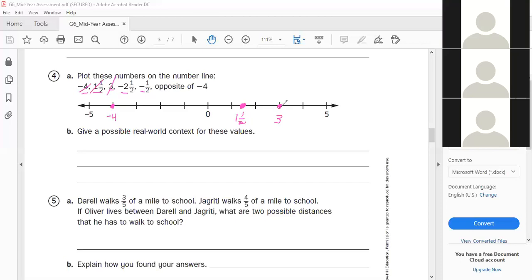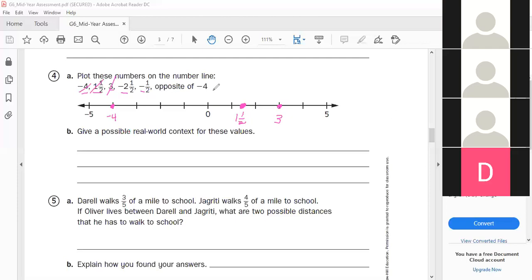Next one is -2.5. Where does that one go? This is for Chantel or Demetrius. Demetrius, where does it go? In the middle? Which direction am I going, left or right?